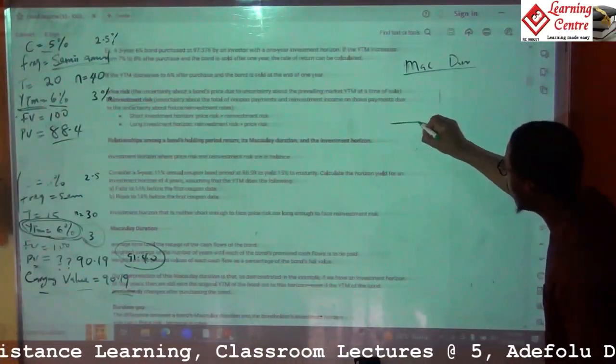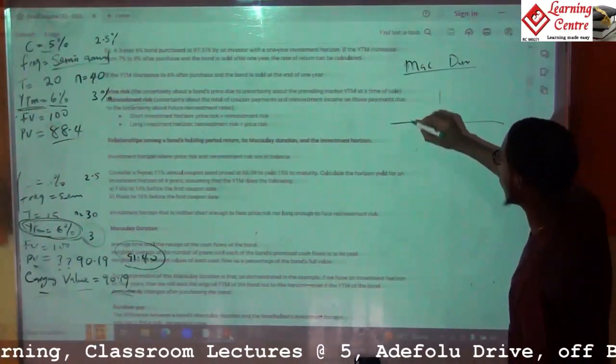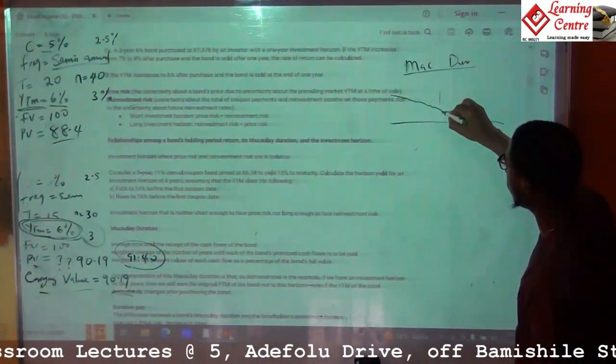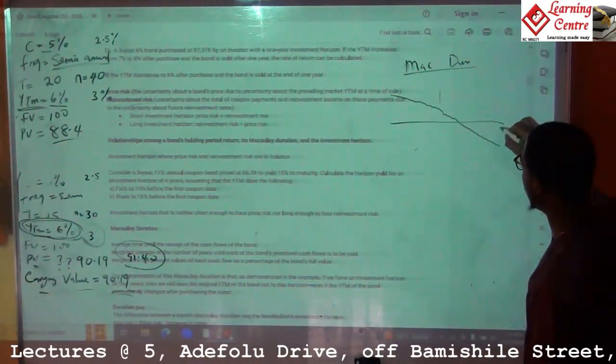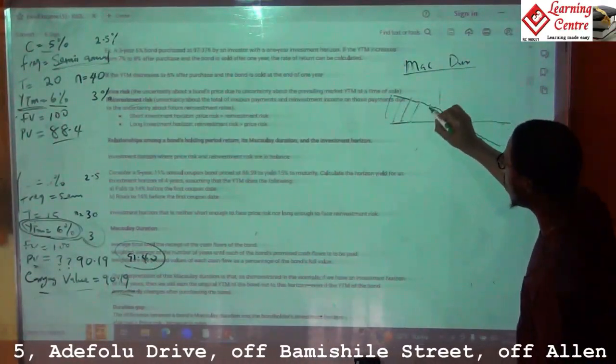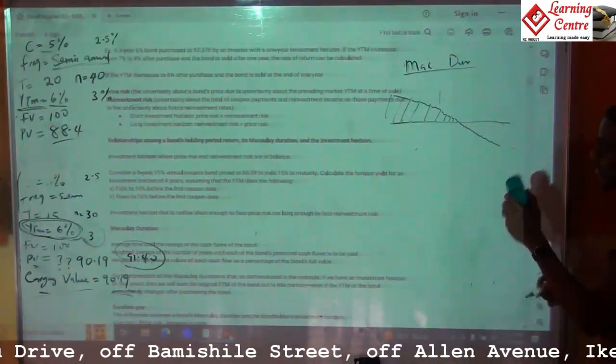So look at your bond. At this point coming down, this is the point where you are most worried about price risk.